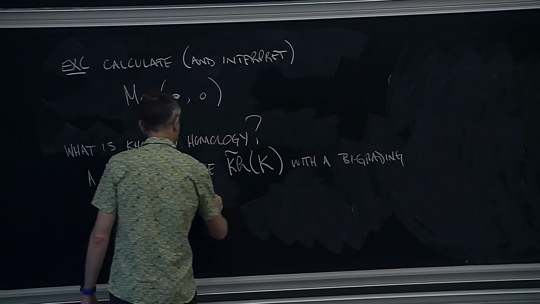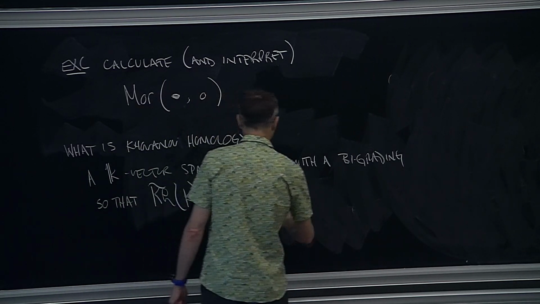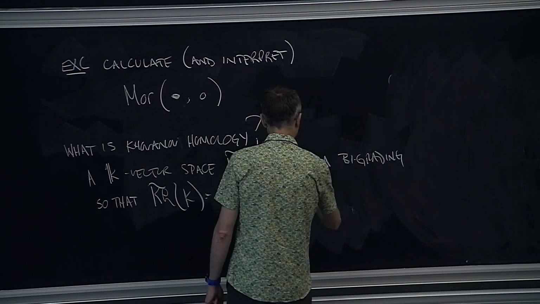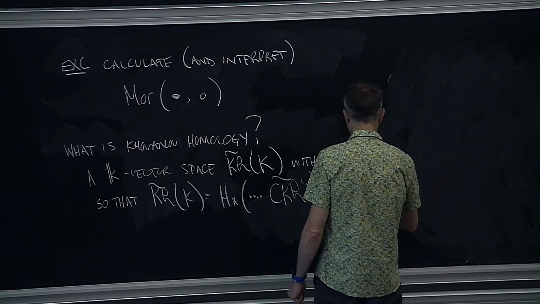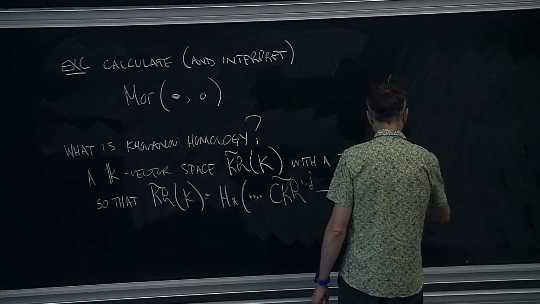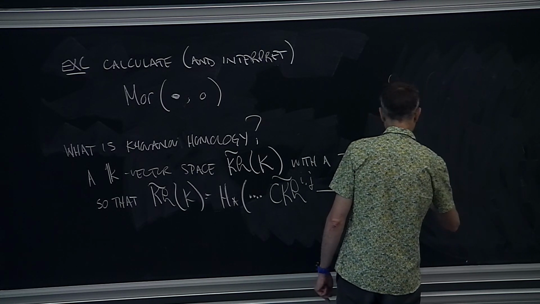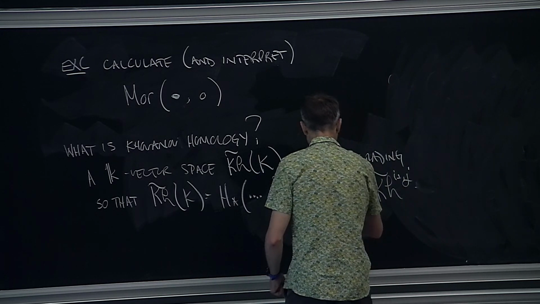This is the homology of a complex that looks like CKH twiddle I J. There's some differential here that is raising the cohomological grading. And I should have put K's.